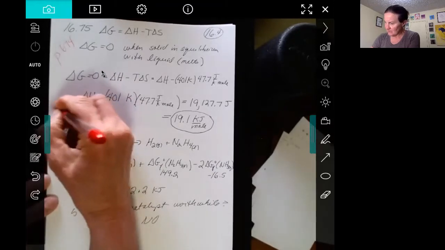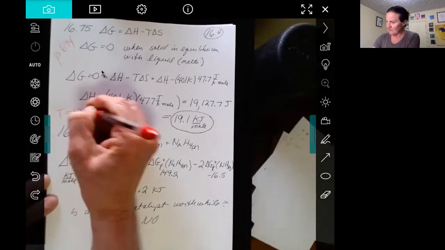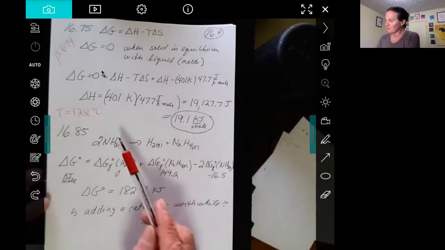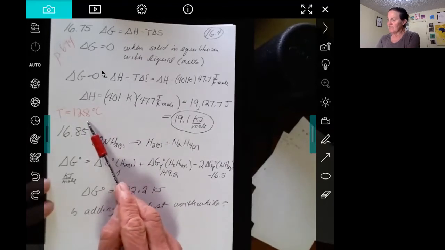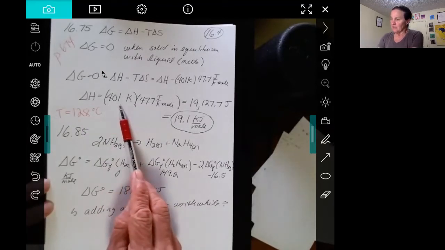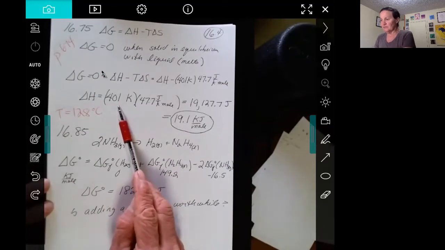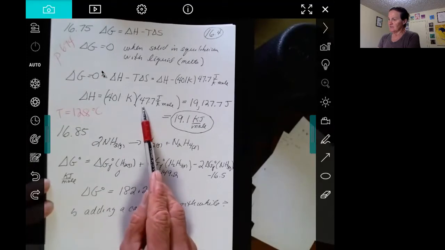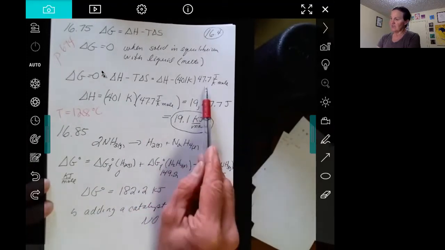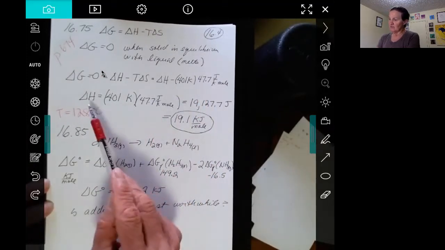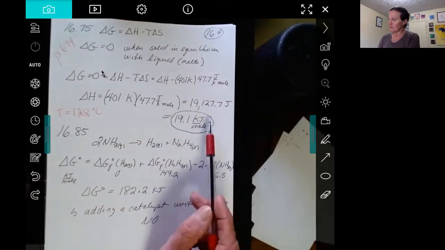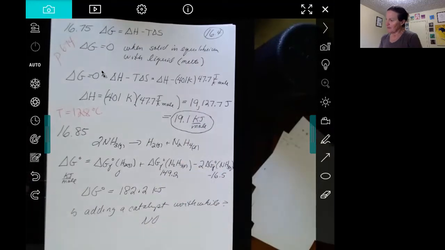So the temperature they gave us is 128 Celsius, the temperature at which delta G equals 0, at which they're in equilibrium. So if you take 128 and add it to 273, you get 401. So 401 K times the entropy, which they gave us in the problem, will be equal to the delta H. So the delta H for this process is 19.1 kilojoules per mole.